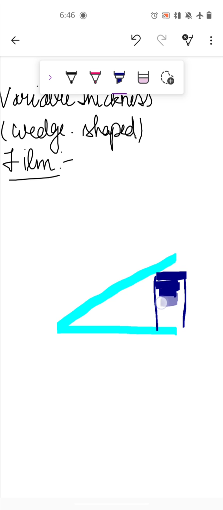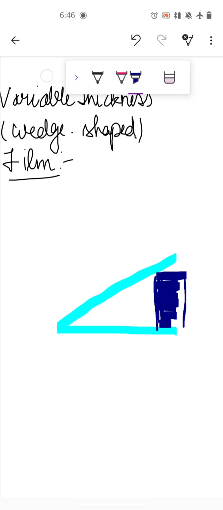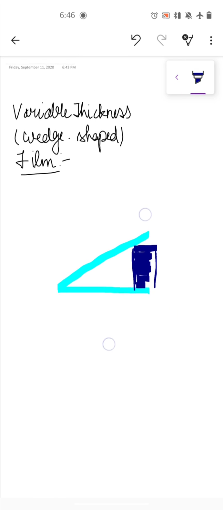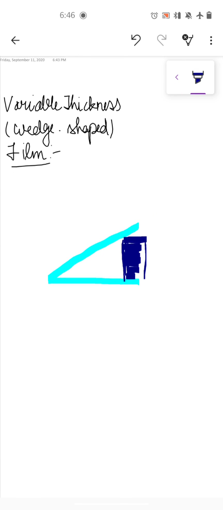This whole thing is very, very small, but I have to show the air film here, so I am taking this large figure.